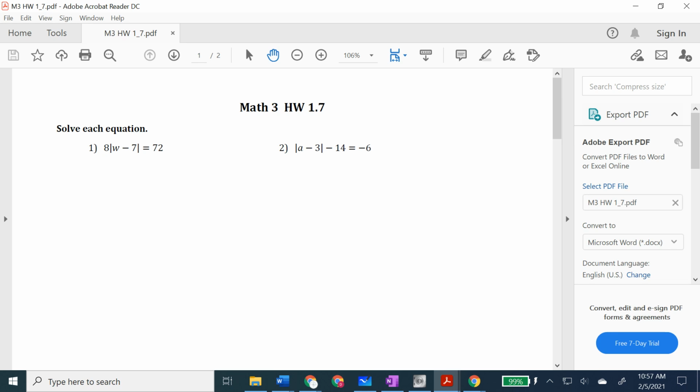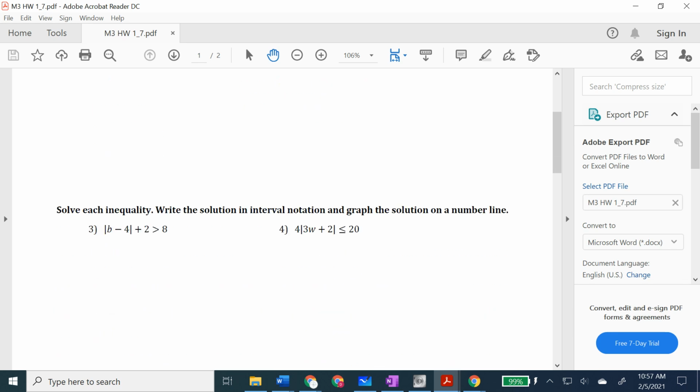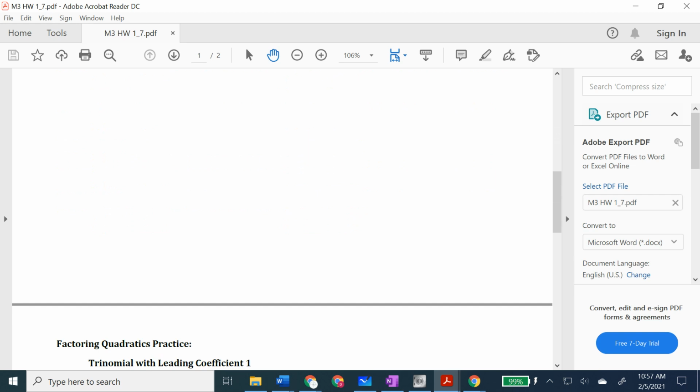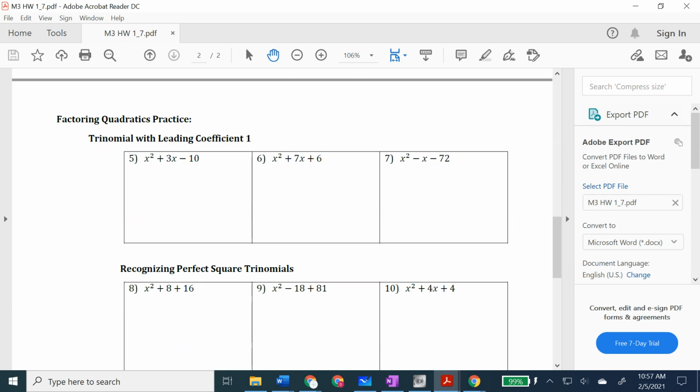So you have some solving absolute value equations, some inequalities. Again, you can go about solving any way that you like. If you are a person who can actually do the whole solving in your head, if I have a quick conversation with you at some point before testing, I can see whether you are actually capable of that or not.